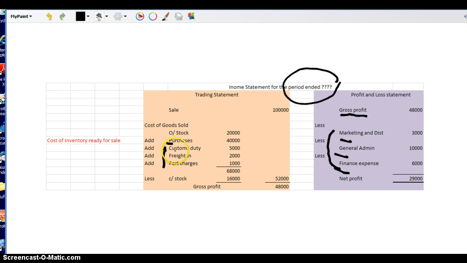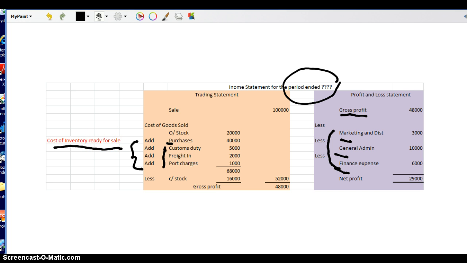These are the costs that you incur to get them ready for sale. That's why the purchases plus these costs are called, altogether, the cost of inventory to make it ready for sale.